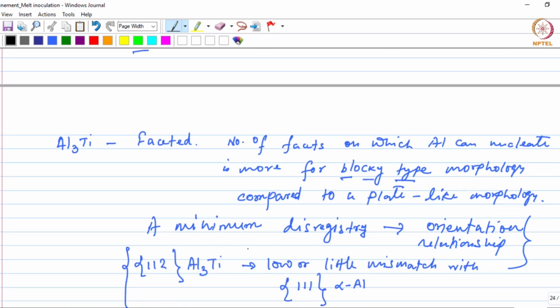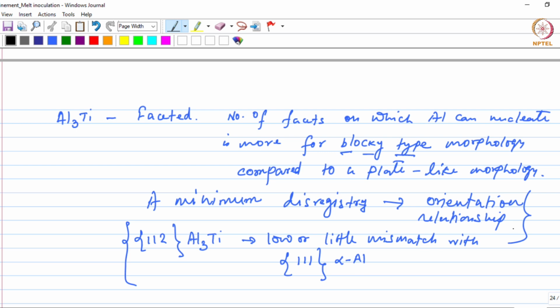Okay, because this kind of faceted particles can provide some planes which have low disregistry or low mismatch with the planes of aluminium, because these planes have some orientation relationship with the aluminium crystals which are forming, and therefore aluminium can easily nucleate on such planes, right?